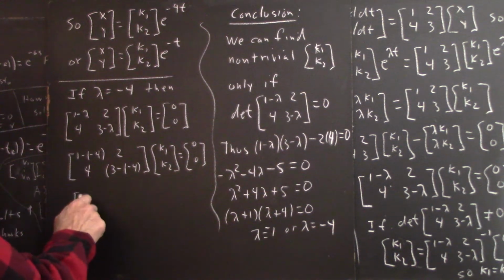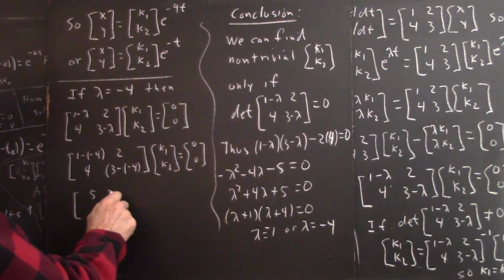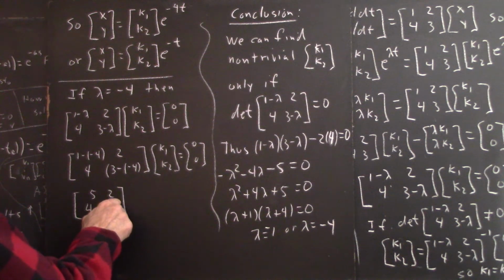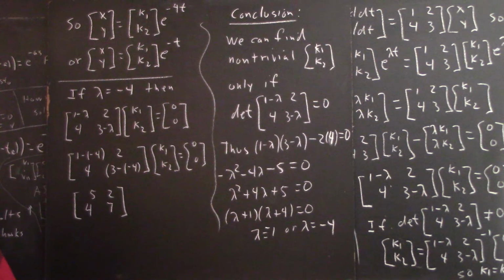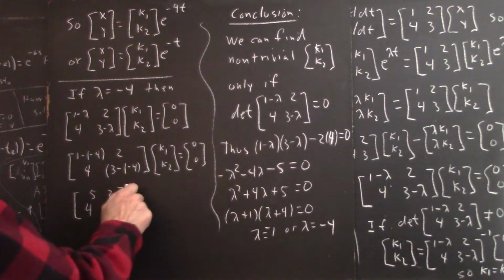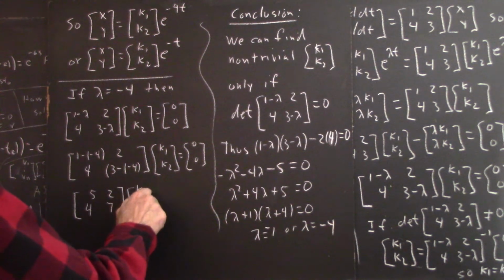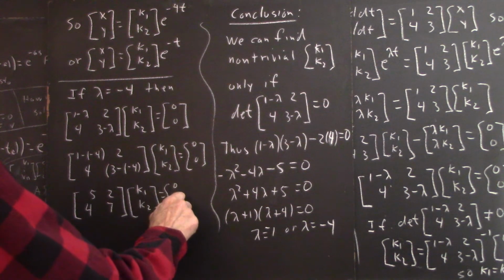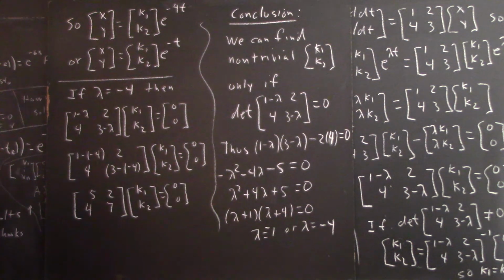So that [5, 2; 4, 7] times K1, K2 has to equal 0, 0. And it's very straightforward.